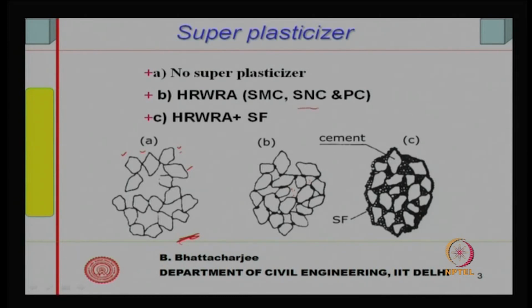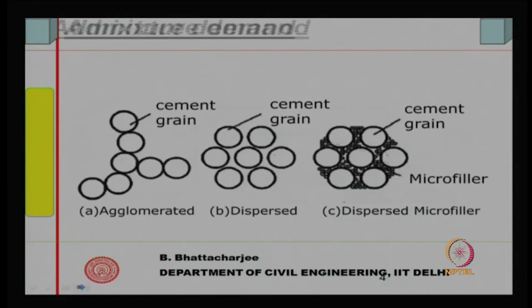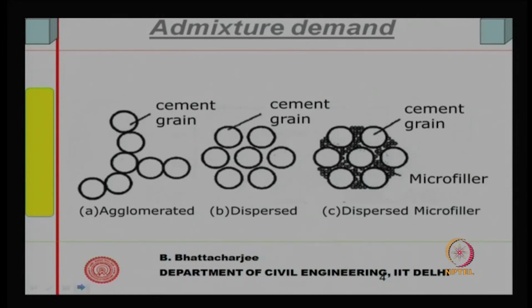High range water reducing agent, that is sulfonated melamine condensates or sulfonated naphthalene condensates or PC, gives you something like this, but when you have high range water reducing agent plus silica fume, you get something like this. So, therefore, they are much better, a more dense and uniform structure, and cement particles are well dispersed, and that is what we saw in the last class.